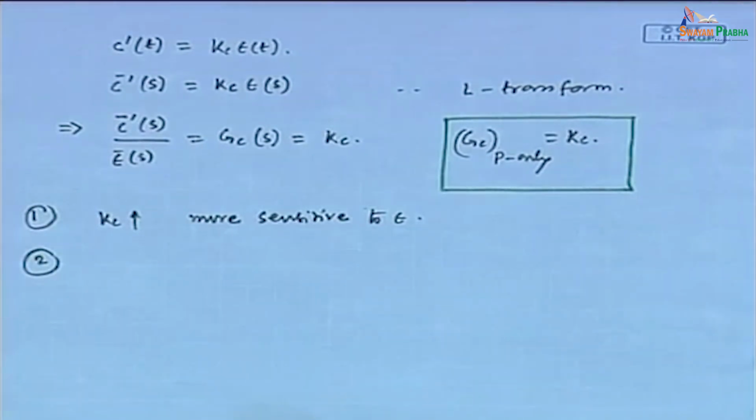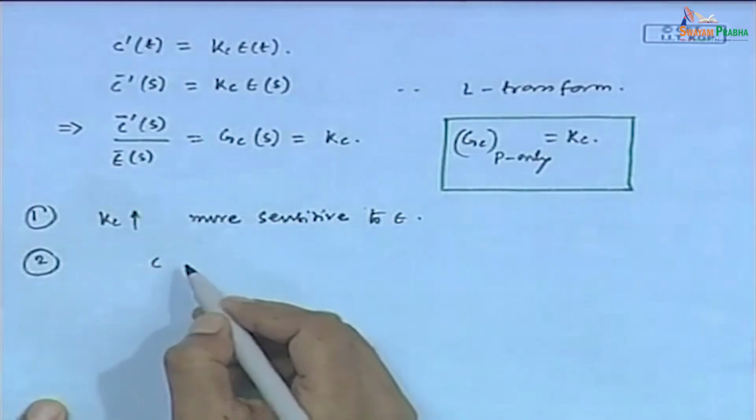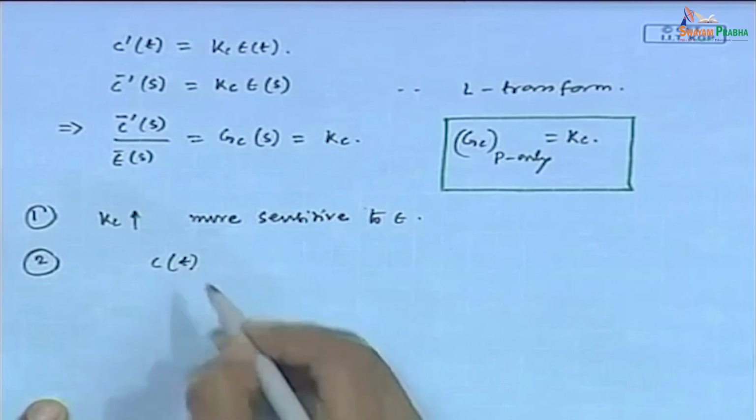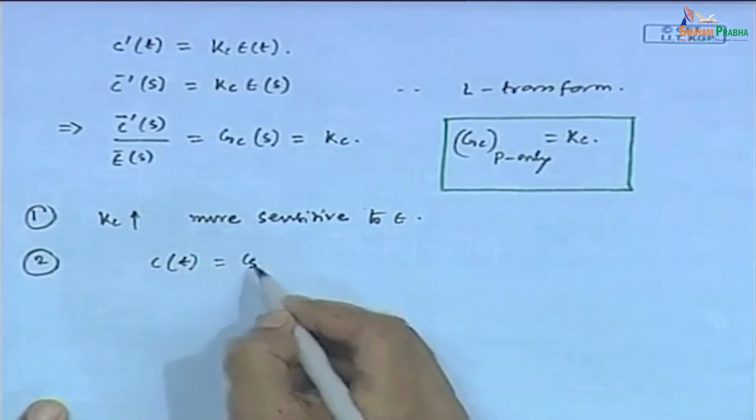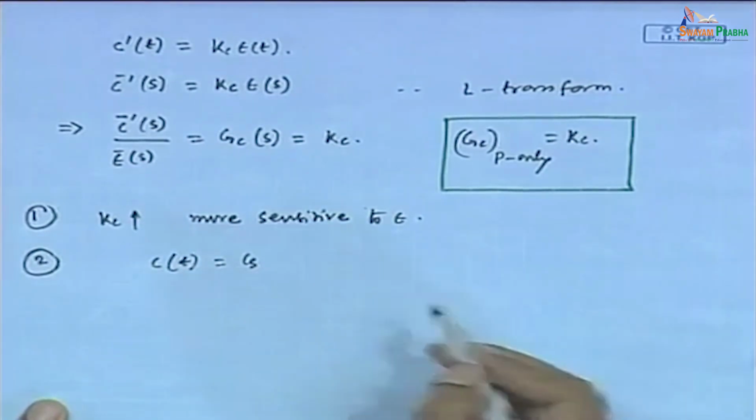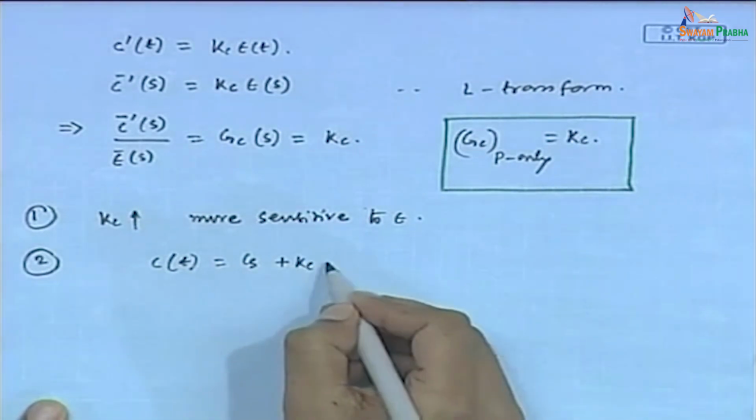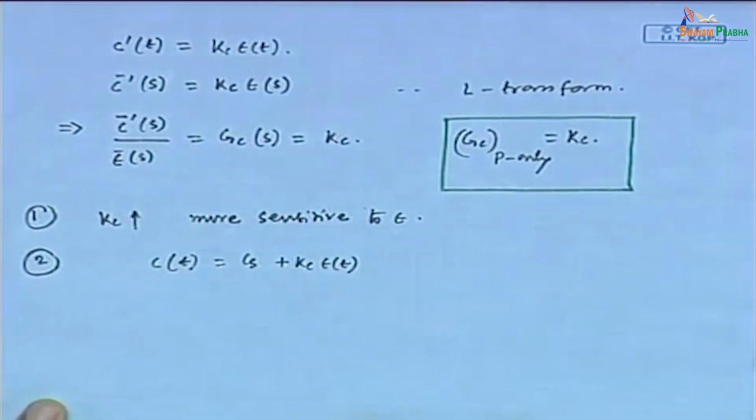Now we want to see the behavior of P only controller. How the controller behaves, that we want to represent graphically. So remember the controller equation, that is C(t) equals Cs plus Kc epsilon(t). This is the P only controller equation in time domain.